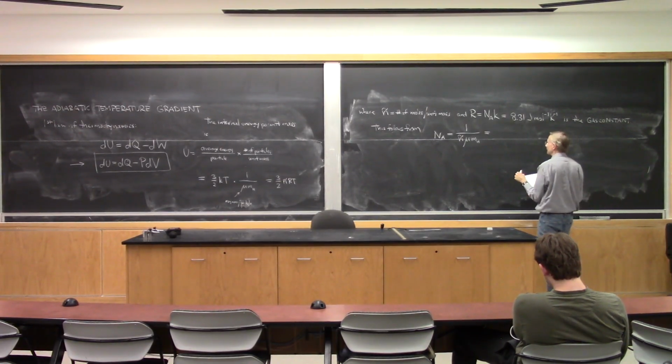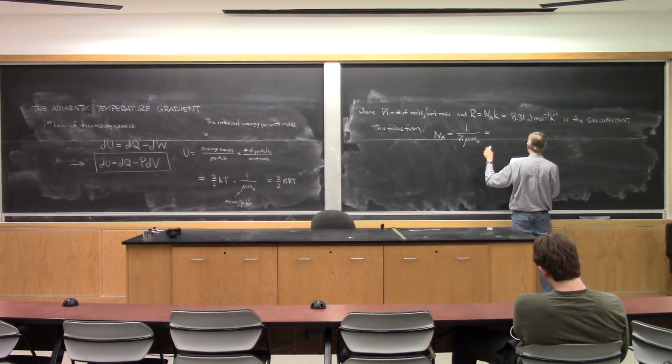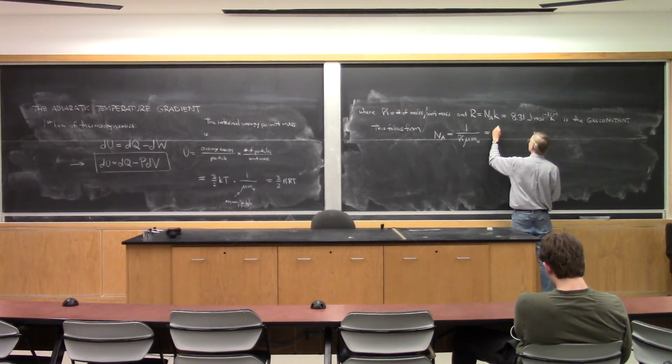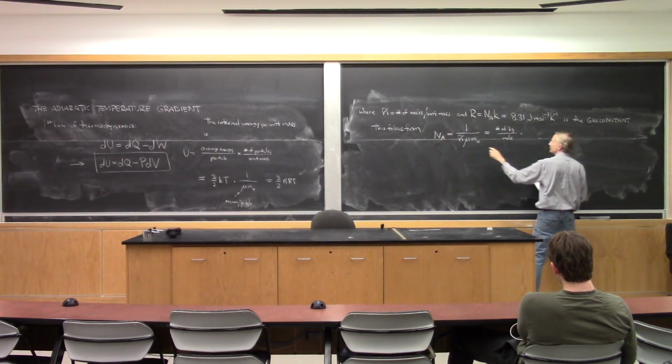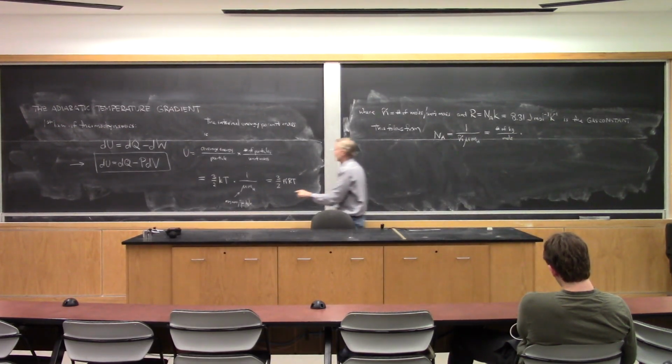So 1 over n tilde is kilograms per mole, the number of kilograms per mole, and then we're going to multiply that times the number of particles per kilogram, right?